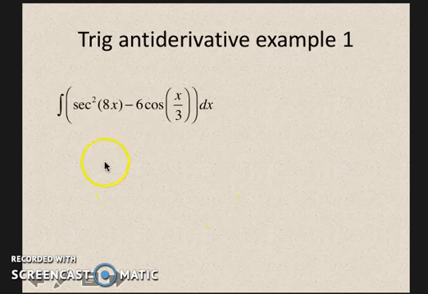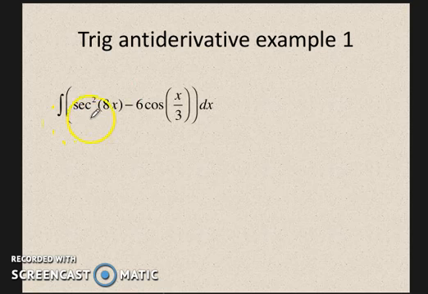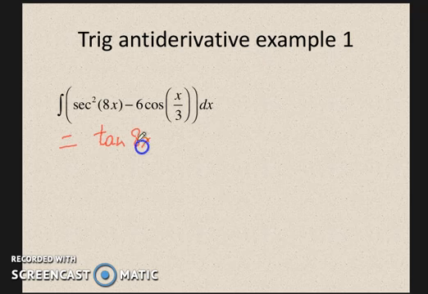Let's take an example. Find the antiderivative of secant squared 8x minus 6 cosine of x over 3. We know the rule: secant squared x is the derivative of tangent x. So for secant squared 8x, we have tangent 8x, and we divide by the coefficient of x.